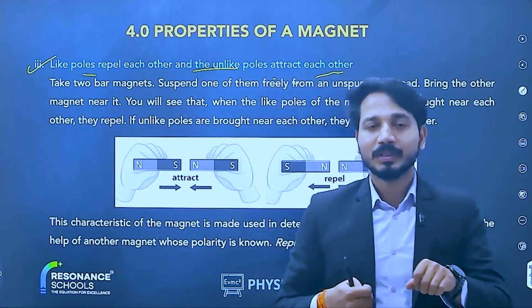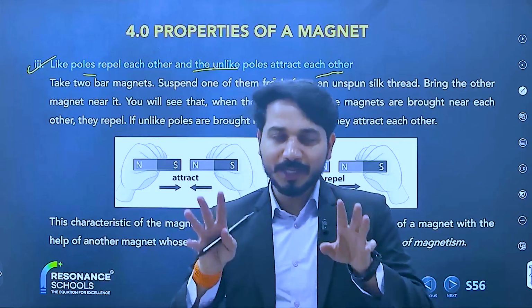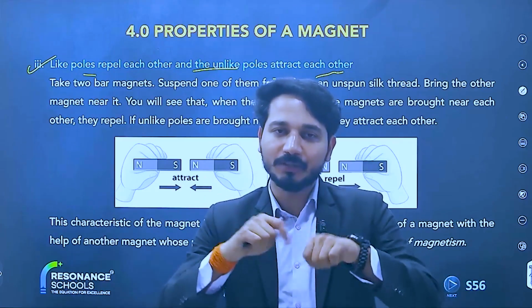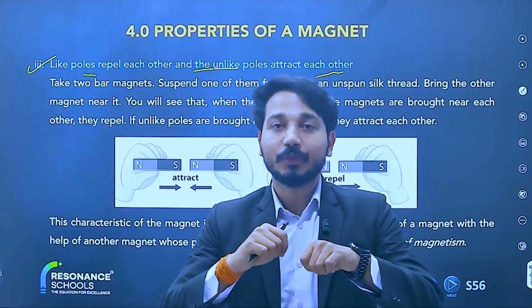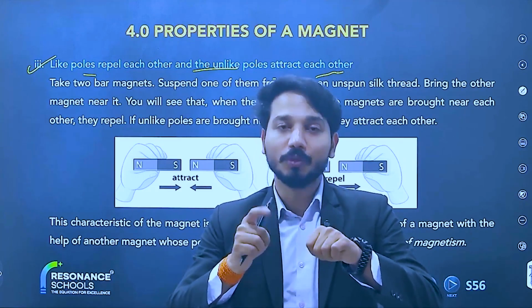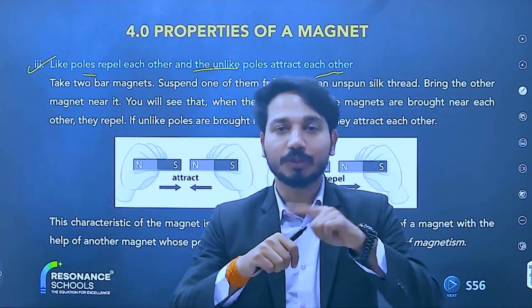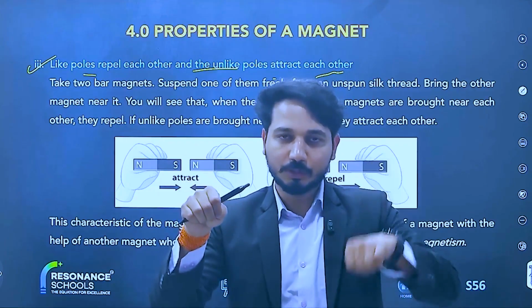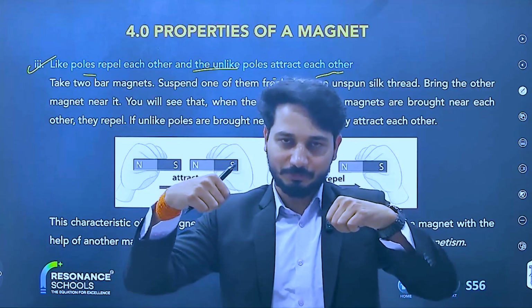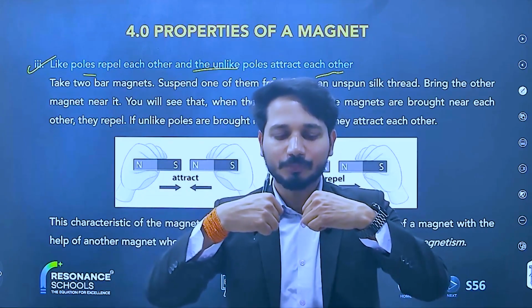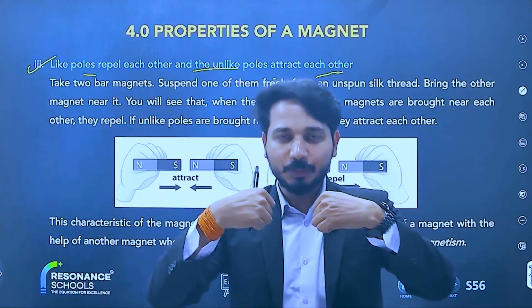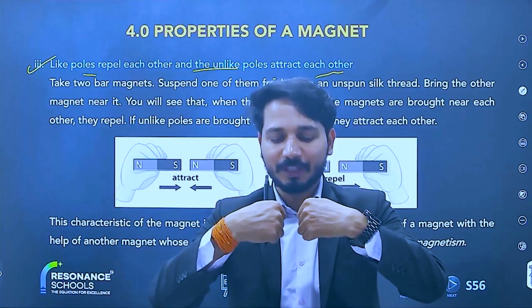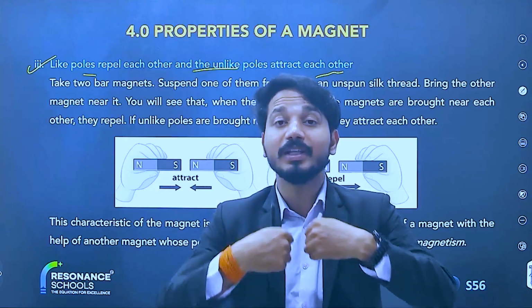Repelling means when two magnets have the same polarity on their sides. What is the meaning of polarity? The poles, north or south. Suppose this one is north and this one is also north. When you try to bring them closer, you can feel the repelling force by yourself.